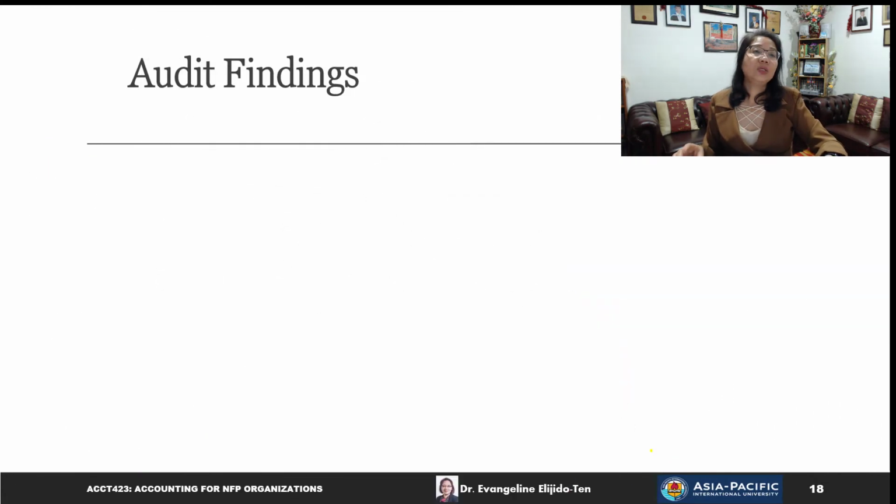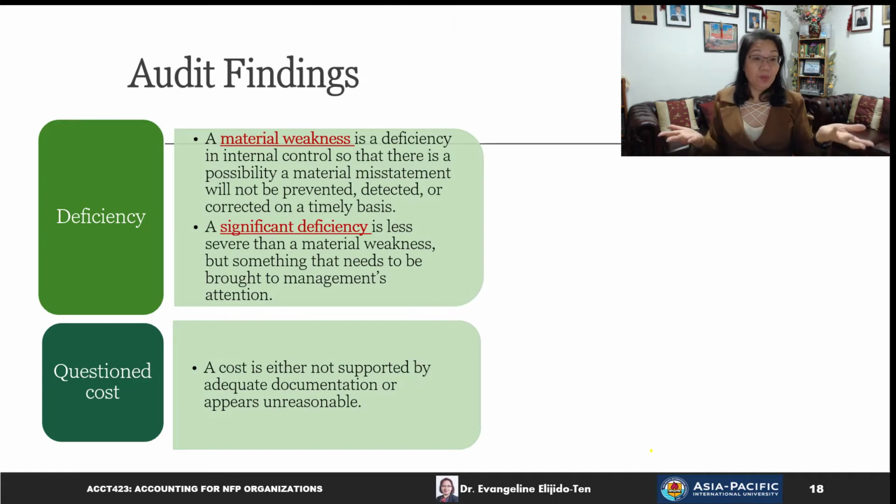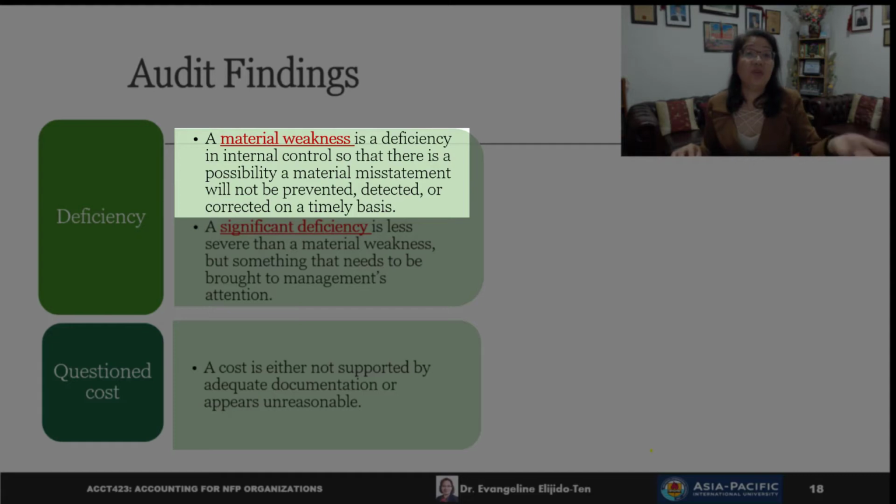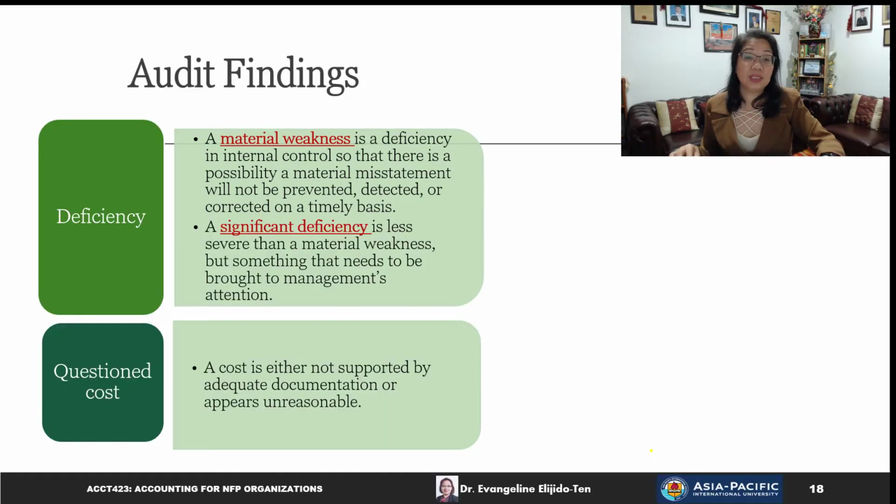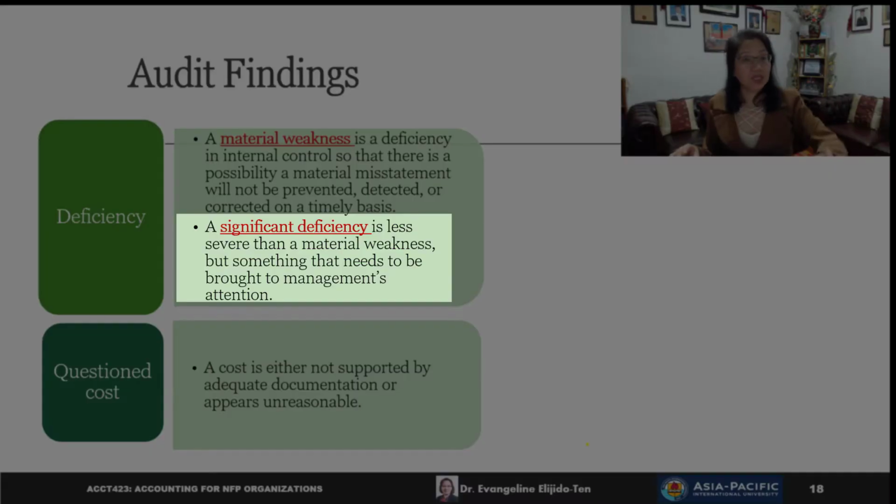What does that mean? The audit findings may present some sort of deficiencies and questioned costs. So what are deficiencies? It may be either a material weakness or a significant deficiency. A material weakness is a deficiency in internal control so that there is a possibility of material misstatement that cannot be prevented, detected, or corrected on a timely basis. A significant deficiency, on the other hand, is less severe than a material weakness, but something that needs to be brought to management's attention.